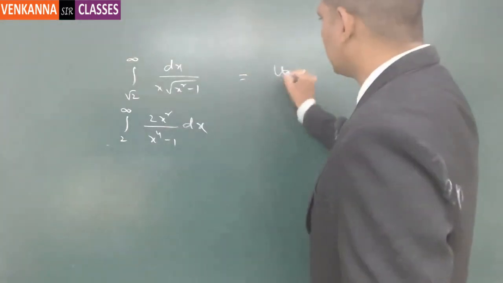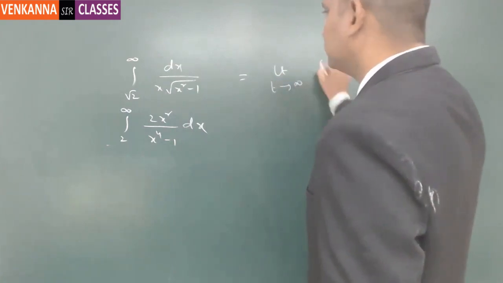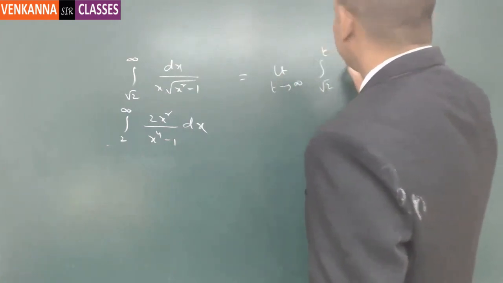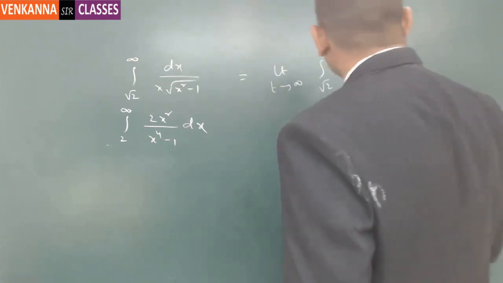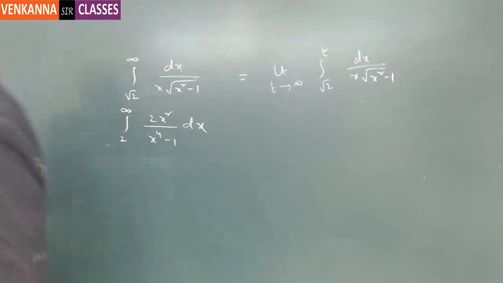So again, this is an improper integral. If you consider that it is equal to limit t tends to infinity integral root 2 to t dx by x into root of x square minus 1. Now the question is how to evaluate that integral. Any guesses from anyone?